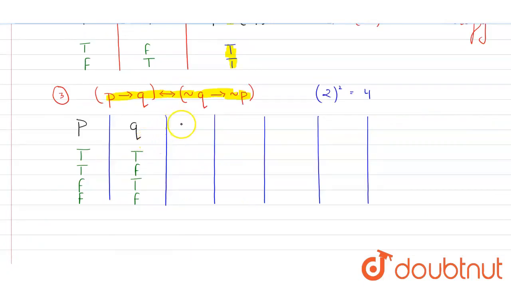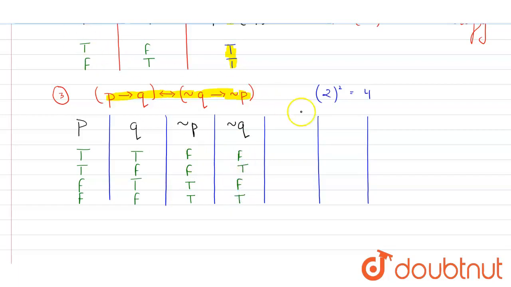Now we have to find the negation of P, and the negation of Q also. So let's make the truth columns for this also. It will be false, false. Just change the truth values for P and alternate the truth values for Q. It will be false, true, false, true.